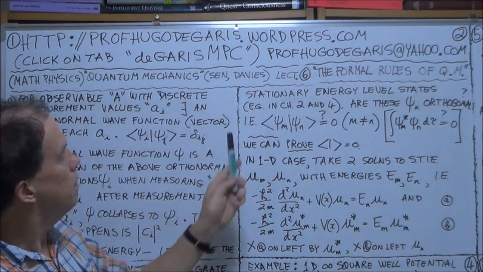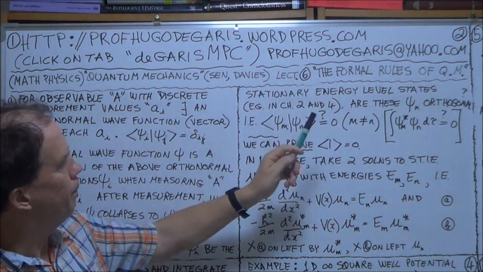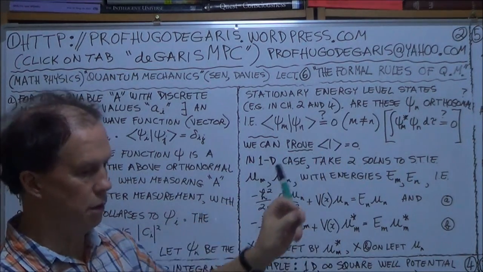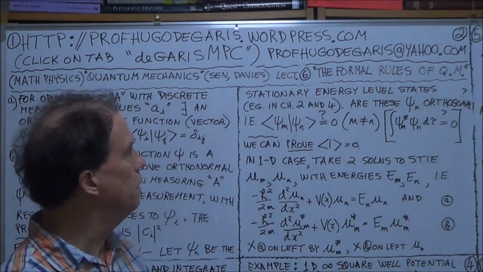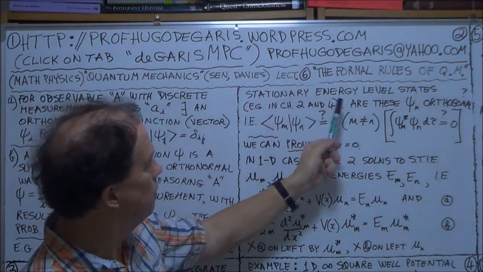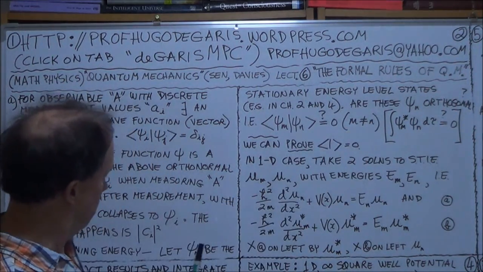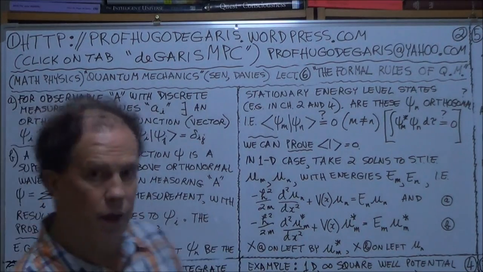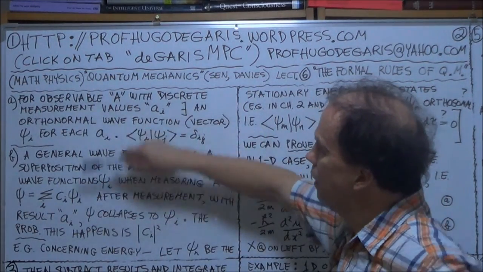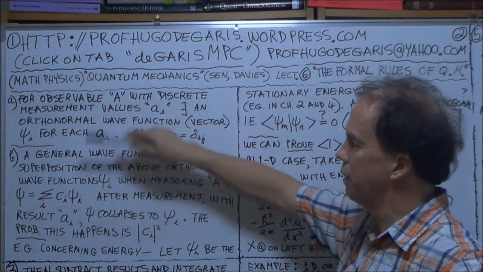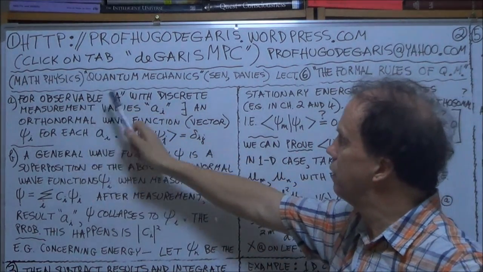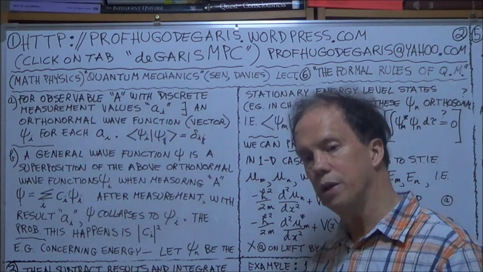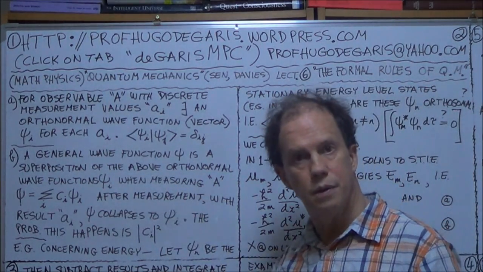Okay? So under those circumstances, you can solve your Schrödinger equation and you get solutions for the wave function, well, they're these. Okay. Now the question is, this kind of thinking, which we showed earlier was true for position, when the observable is position. Question: is it true when your observable is energy?